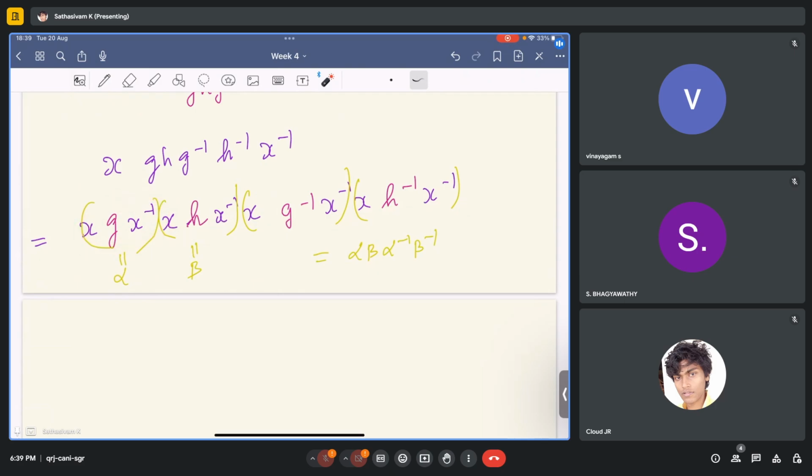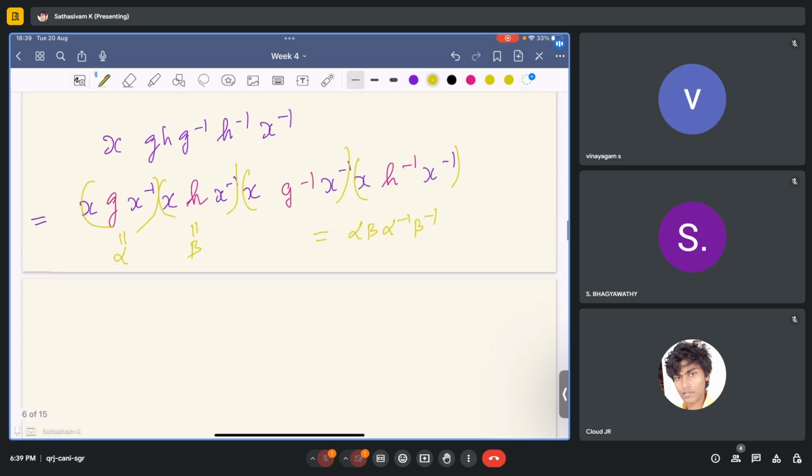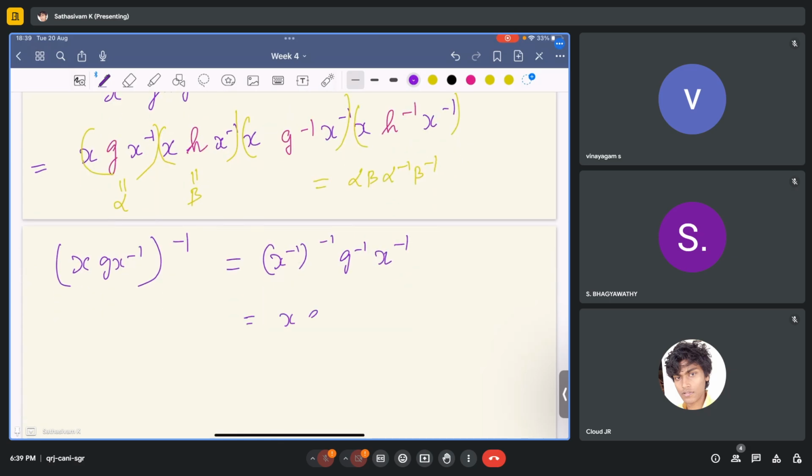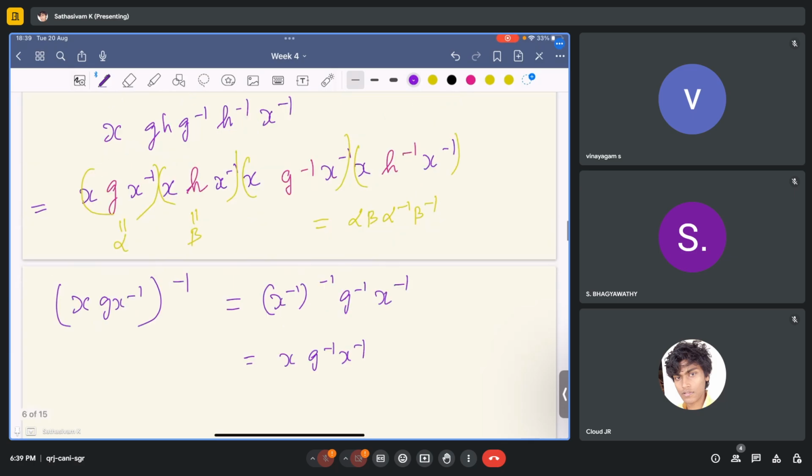For the inverse, you take x g x inverse and compute the inverse, applying the socks-shoes lemma, so it goes the other way around. It gives x inverse inverse, g inverse, x inverse, which is nothing but x g inverse x inverse. So you can observe this is the term here. If this is alpha, this is nothing but alpha inverse.